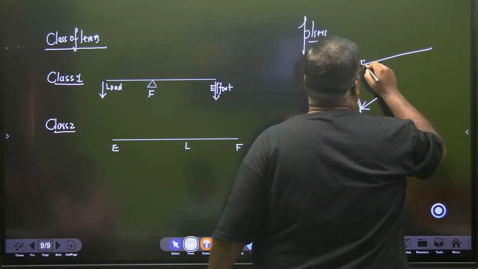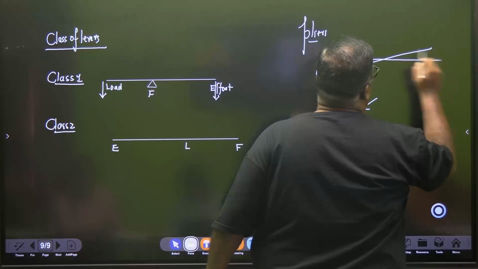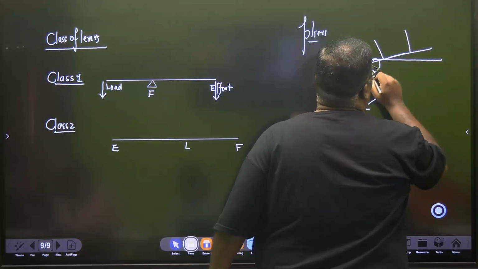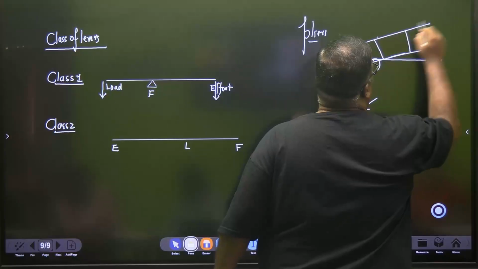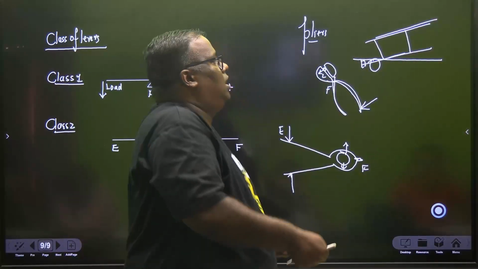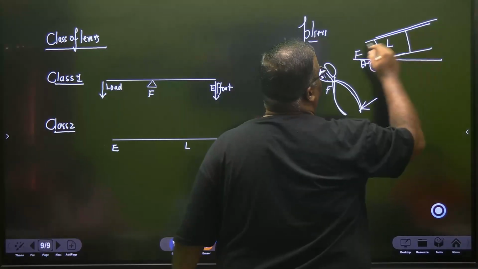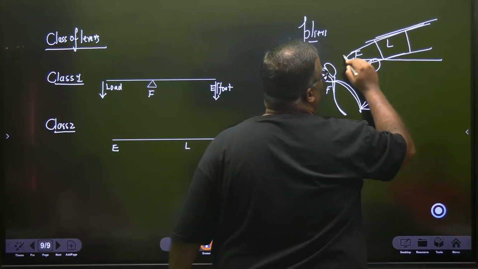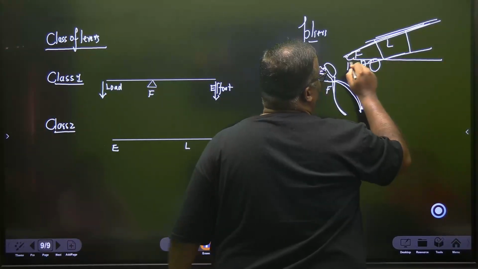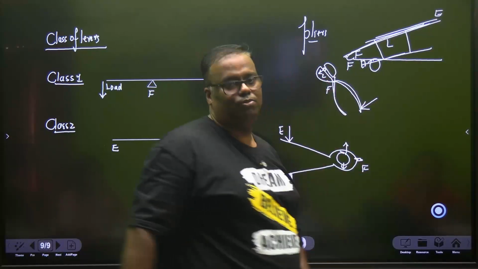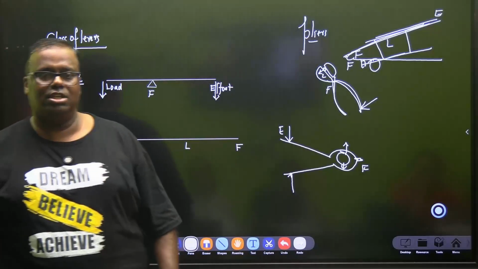There will be a portion which will be pegged on the road, और यहाँ पे एक wheel रहेगा, and there will be a handle here. So you will actually raise the handle. The load is here. The fulcrum is here. Right? और ये चीज actually joined रहता है. The fulcrum is here. The load is here, and the effort is here. This time fulcrum has shifted to the extreme right. Load has come in between.